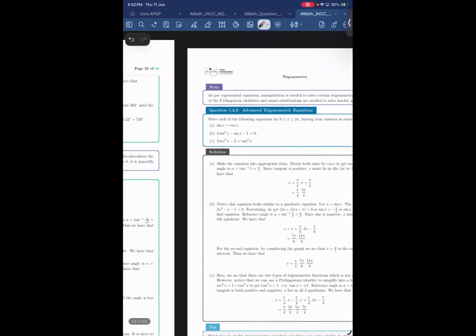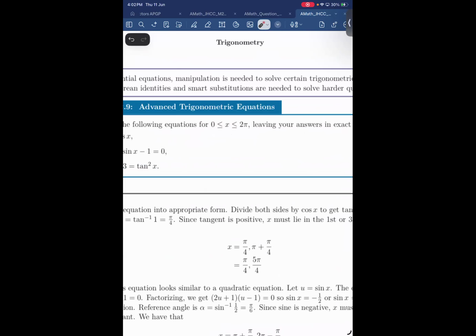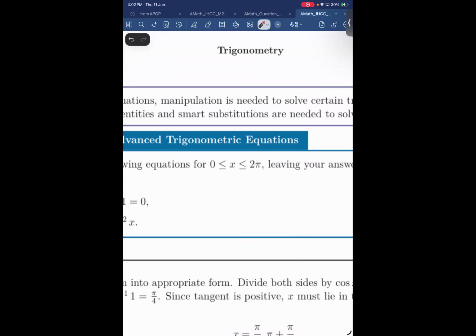Any questions? For this one, A and B, maybe about 5 minutes.